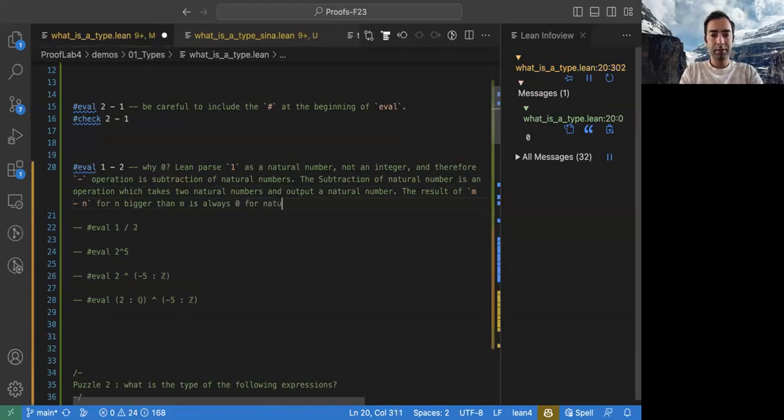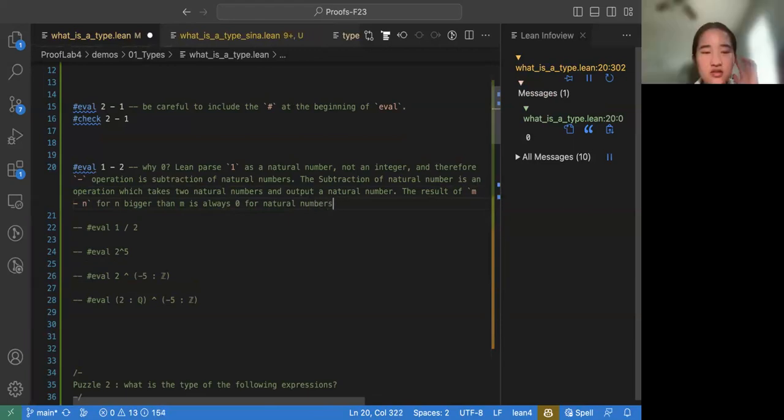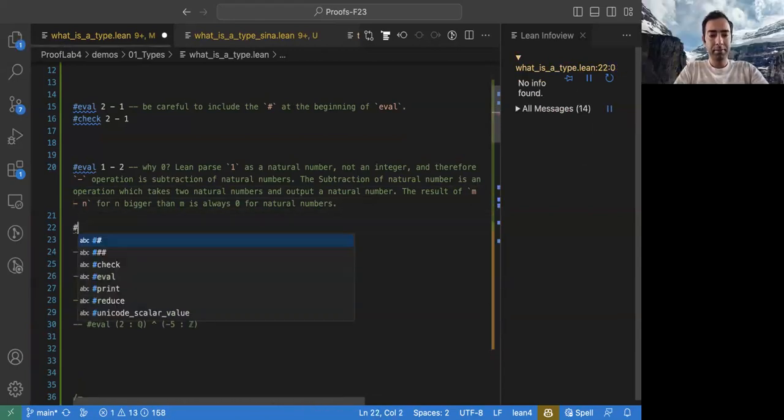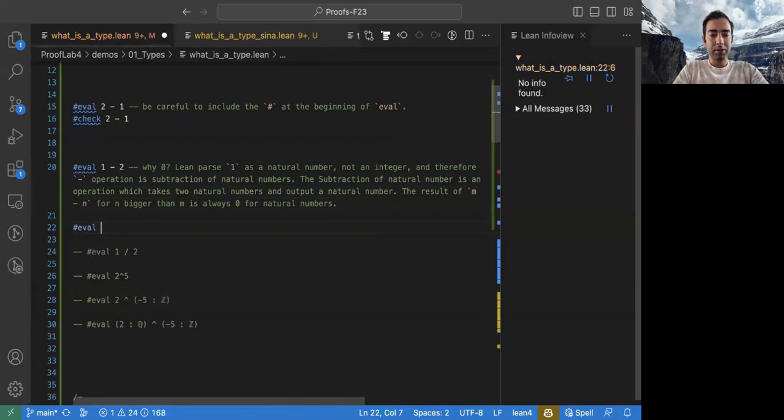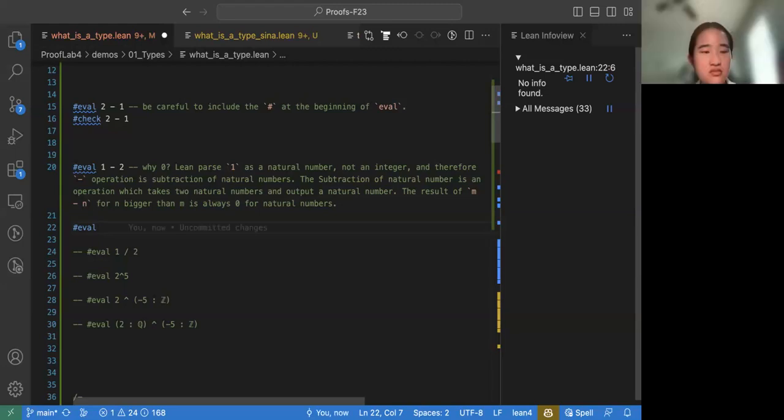for natural numbers. If I wanted to output a negative number, would I have to cast it? Yes, exactly, to an integer. So which one, 1 or 2, do you want to cast? Does it make a difference? I don't think so.